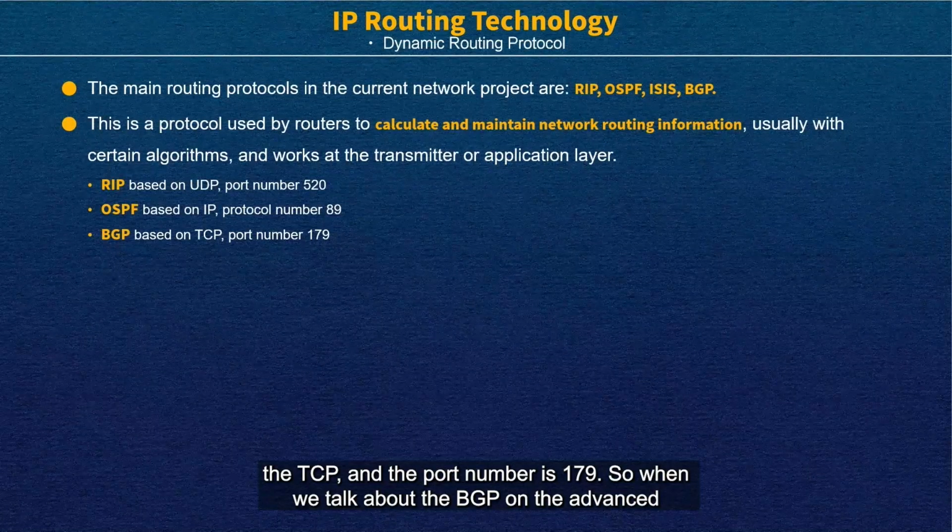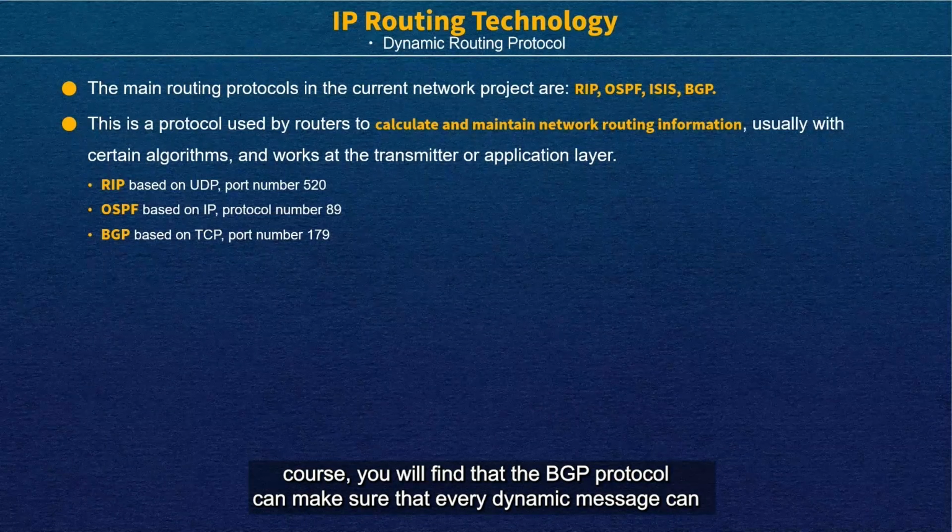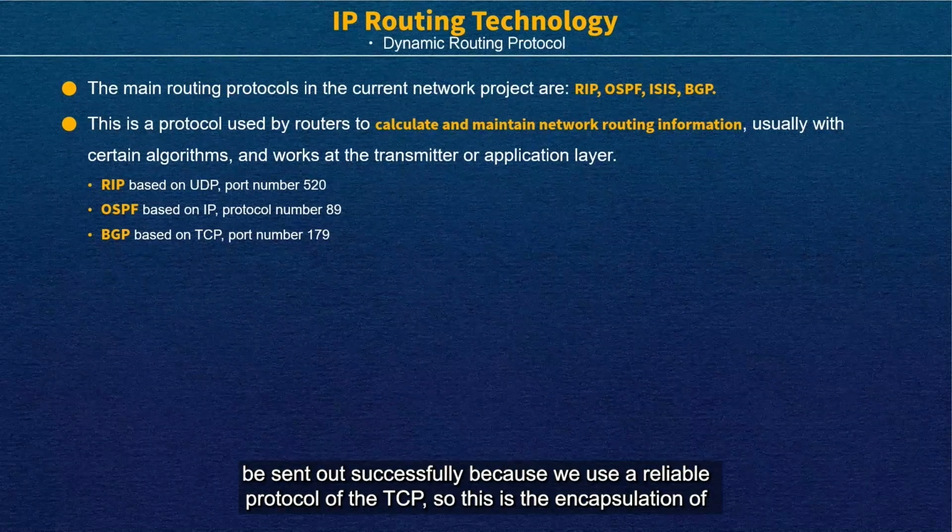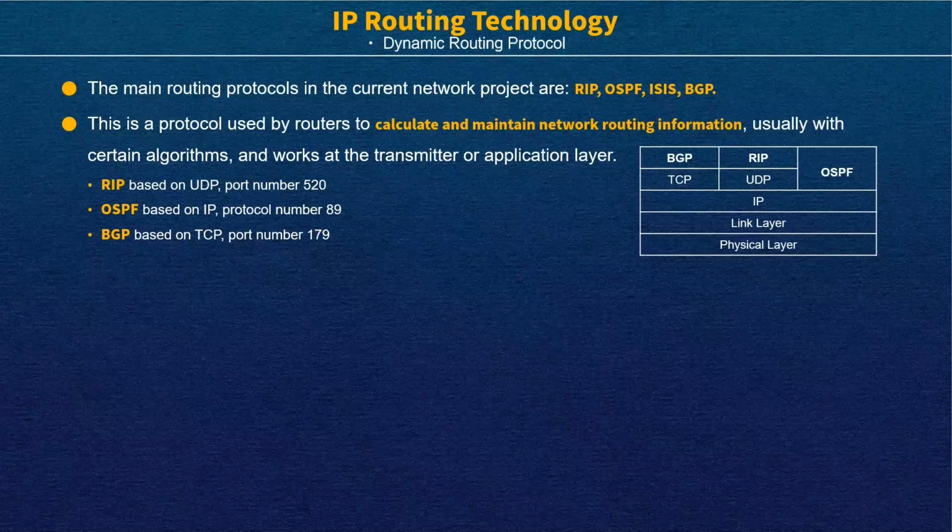So when we talk about BGP in the advanced course, you will find that the BGP protocol can make sure every dynamic message is sent out successfully, because we use the reliable protocol TCP. So this is the encapsulation.